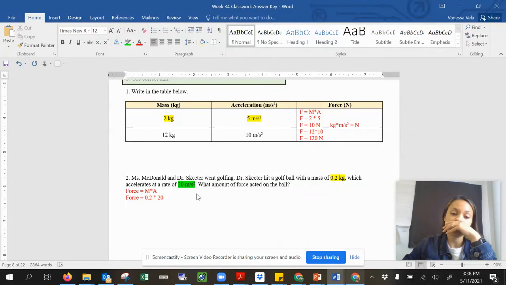Please don't tell me 40, because it's not. Remember, you have to move that decimal value. So force equals 4 newtons. Or you can also say, and be fancy with it, 4 kilograms times meters per second squared, which is the same thing, but newtons for short, because that's what we like to go by here.